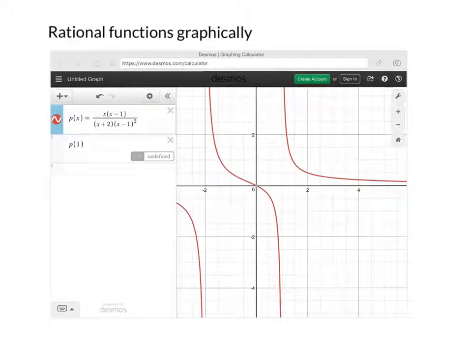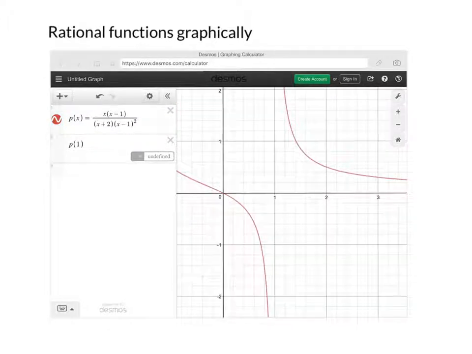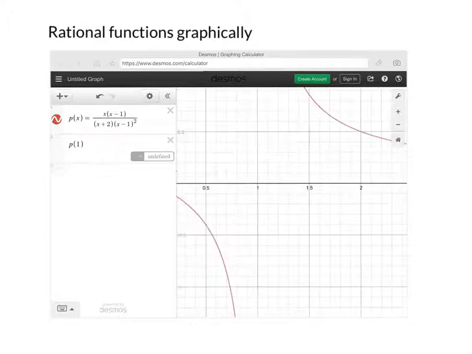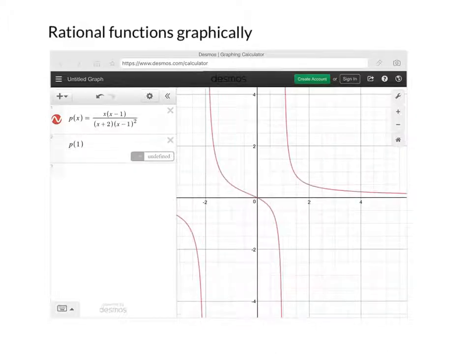If I zoom in here and look graphically, it looks like at positive 1, I don't have a hole in my graph. I have this other thing happening. I have a vertical asymptote, it looks like. My outputs are getting bigger and bigger, going off to infinity at these points. We call that a vertical asymptote.